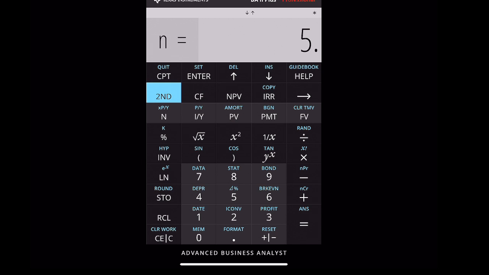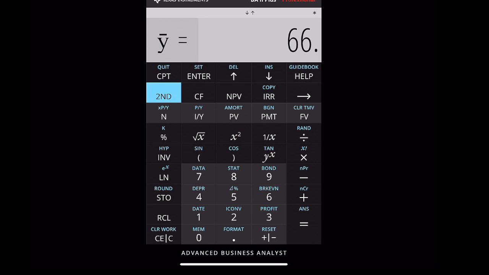N is 5. This is the mean, 58.2 for X. This is the standard deviation for X, 13.2. And remember, this is the population standard deviation, which we do not use, right? Because we are just working with samples.